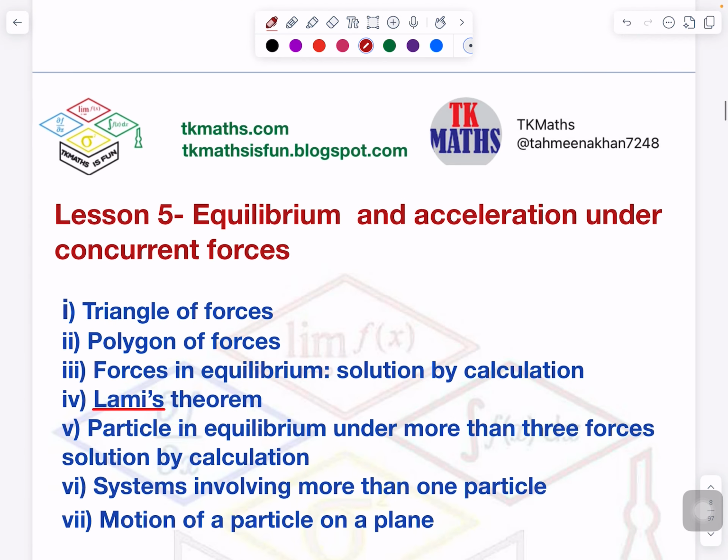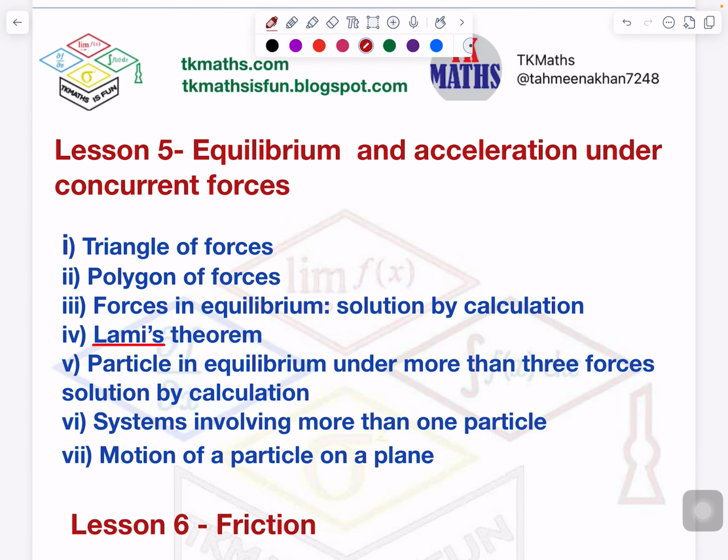Then lesson 5 is on equilibrium and acceleration under concurrent forces. So triangle of forces, polygon of forces, forces in equilibrium, Lami's theorem, particle in equilibrium under more than 3 forces, system involving more than one particle, motion of a particle on a plane.